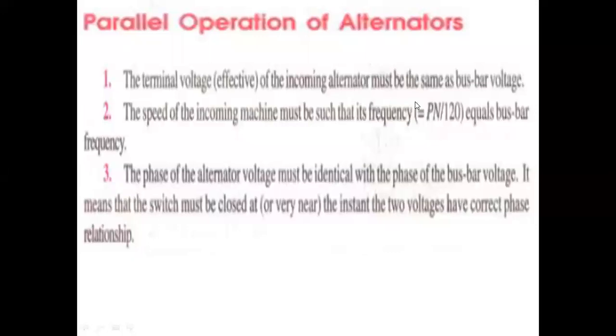That means frequency should be equal and phases should be equal. Okay, now we will see how these alternators are synchronized. Next one is synchronization of alternators.